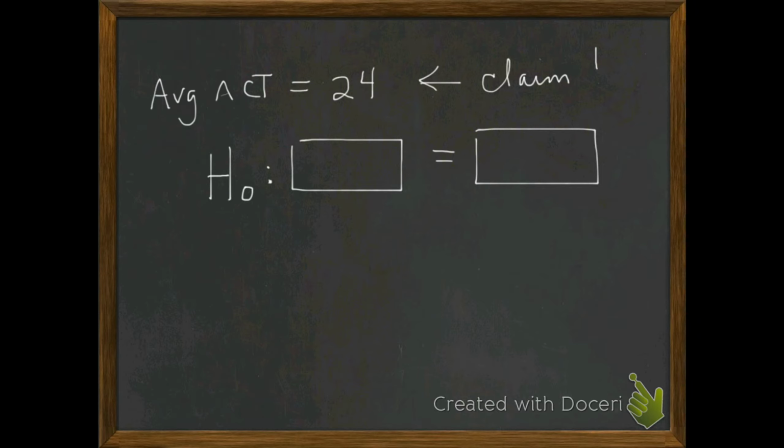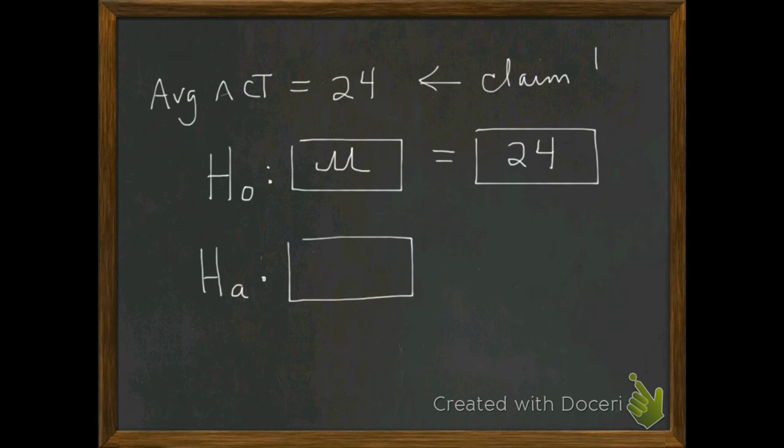What goes in the first box is our parameter, and that's either going to be mu or p. Since the claim has been made about an average, we should know by now that that's going to be represented by mu. The second thing is the value, which is 24. Our alternative hypothesis will always be the same parameter, and it will always be the same value.